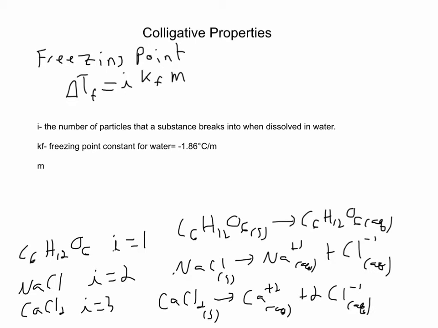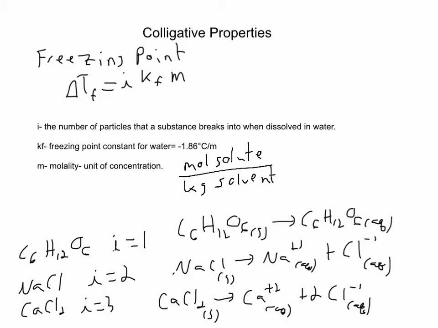The lowercase m stands for molality. Now, note that this is molality, not molarity. And it's also a unit of concentration. And the formula for molality is moles solute divided by kilograms of solvent.